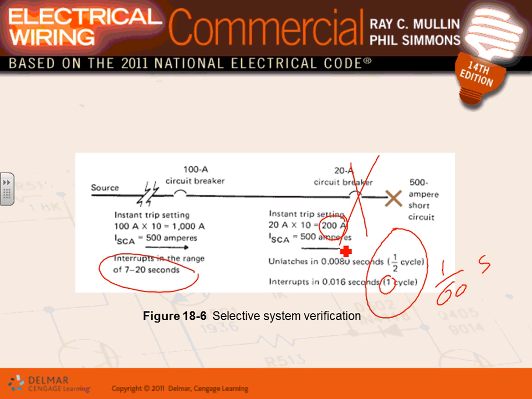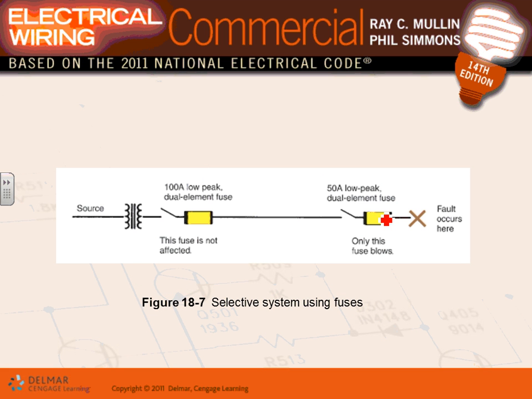This one is waiting and waiting. There's a short circuit condition here. That one waits, and if it continues for 7 to 20 seconds, it will trip. But this one will trip before that. So you get your coordination at that particular level.